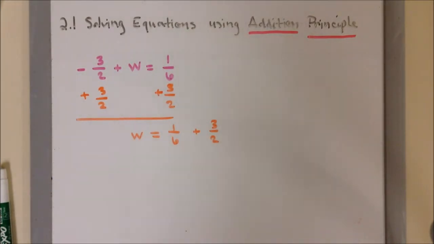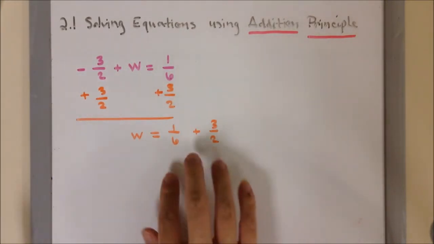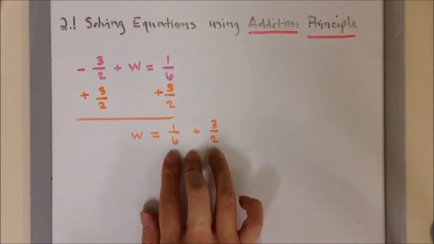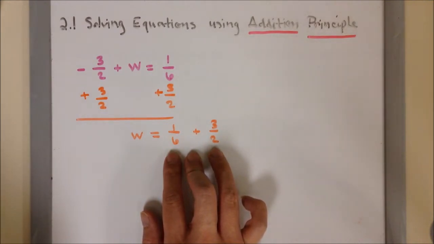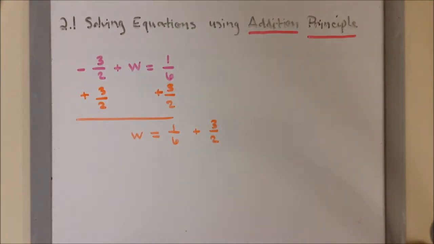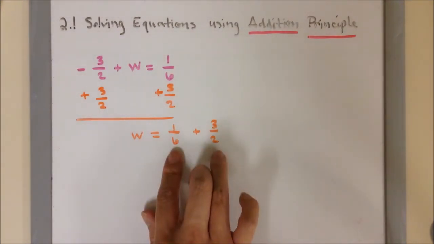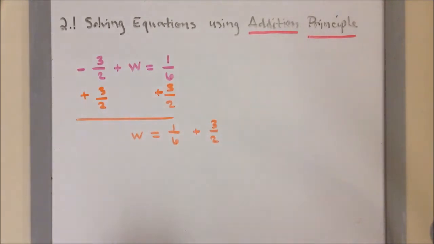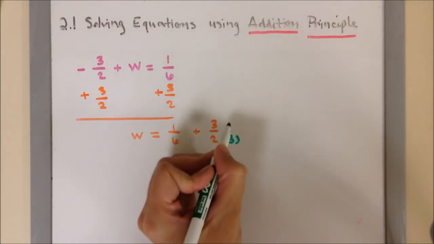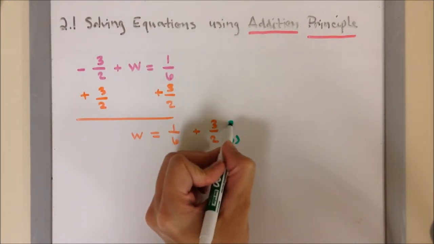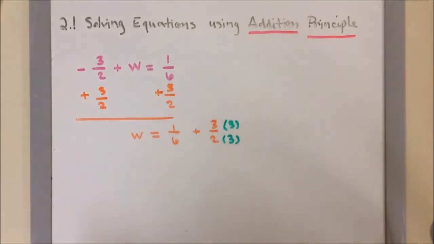Alright, now in this example, the common denominator between 6 and 2, some might say 12, because you would just multiply. You could do that, and you still get the same answer. But you don't have to, and here's why. Because the 2 can become 6 by multiplying by 3 in the denominator, and if I do that, I multiply by 3 in the numerator.